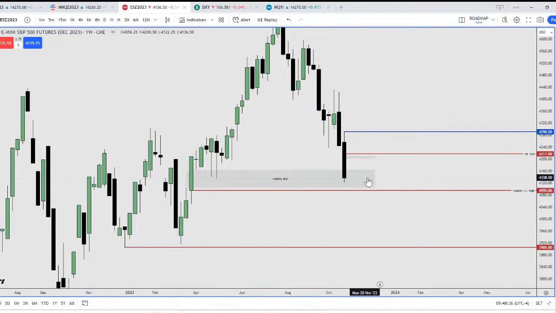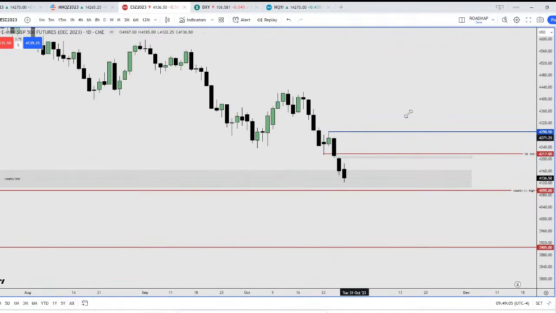So yeah, I don't really see this as a potential reversal, but more of a continuation lower to these levels here. Okay, so we are trading within a weekly BC here, and for me, once it drops below this weekly BC, then this is going to be used as an inversion fair value gap to send the price lower, right? We have an order block here on weekly, but I'm not too interested in that.